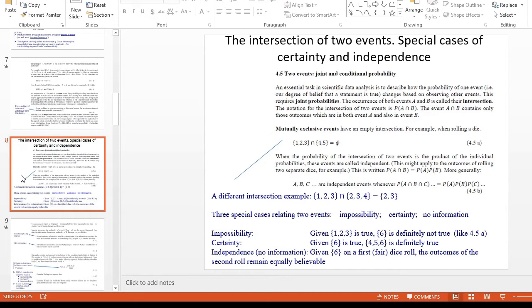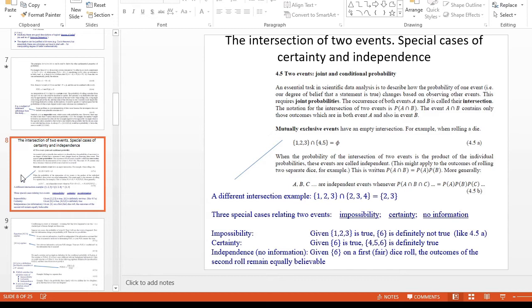Independence is the other case. It's where you get no information about a second event from a first event. So given, in the mathematical example that's often given, that you've rolled a 6 on a fair die, the outcomes of the second roll remain equally believable.